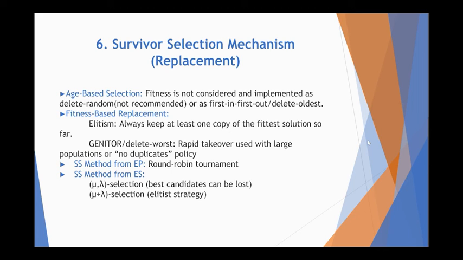Some other survivor selection methods from evolutionary programming is round robin tournament, and another survivor selection method from evolutionary strategies is mu comma lambda selection. In this, the best candidates can be lost. Mu plus lambda selection is an elitist strategy.